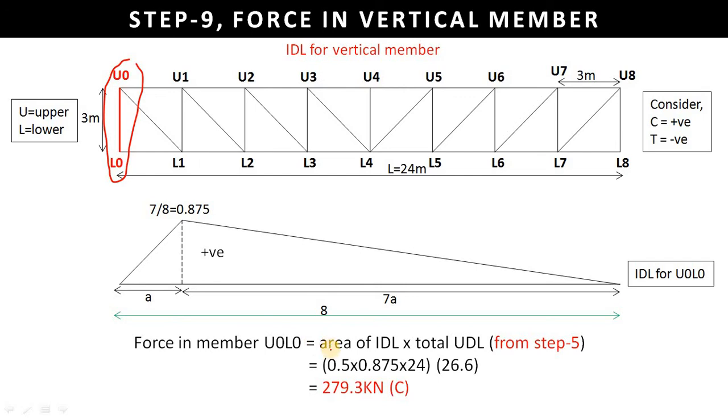The formula will be area of ILD into total UDL, which we calculated in step number 5 in part 1. So the force in member U0, L0 will be 279.3 kilonewton, which is positive, so it will be a compression force.